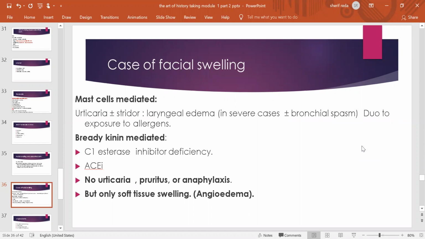In this case, we have to differentiate angioedema from mast cell-mediated allergy, because in mast cell-mediated allergy, there will be urticaria, there will be stridor, like laryngeal edema in severe cases with bronchial asthma, and it is due to exposure to an allergen. But in case of bradykinin-mediated allergy, it will be due to C1 esterase inhibitor deficiency, and this is a hereditary disease, or sometimes angiotensin converting enzyme inhibitor intake.